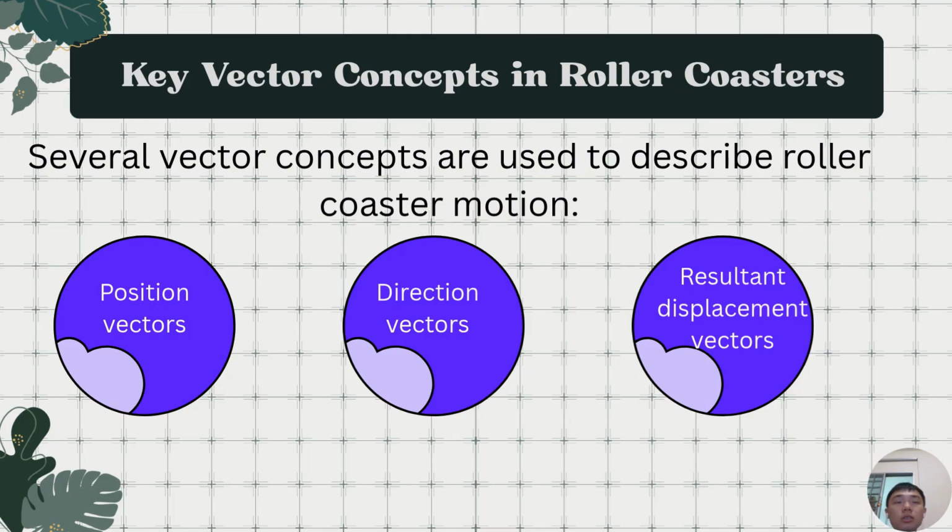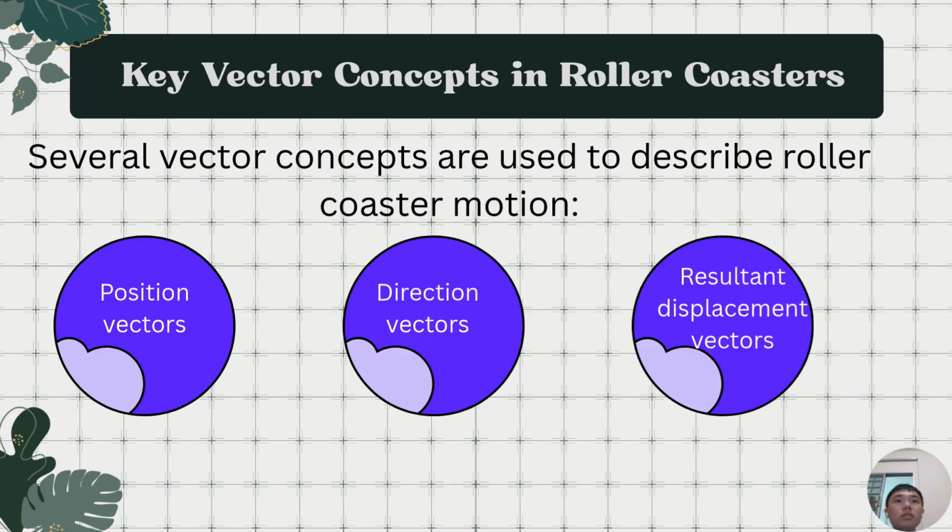The second concept is direction vectors. The direction vectors show the direction of movement from one point to another. In roller coaster design, this is useful because the track is made up of many connected sections, and each section has its own direction.